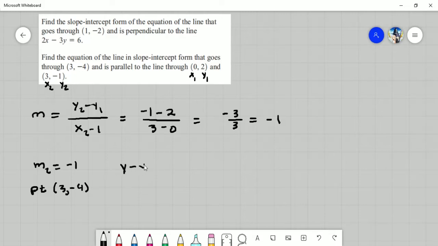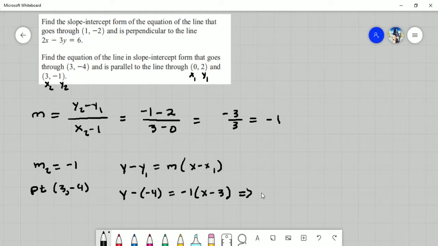So y minus y1 equals m multiplied by x minus x1. Plugging in: y minus -4 equals the slope, -1, times x minus 3.